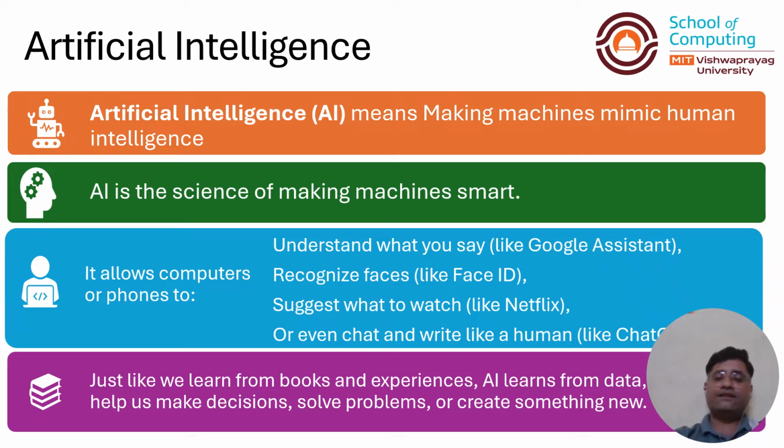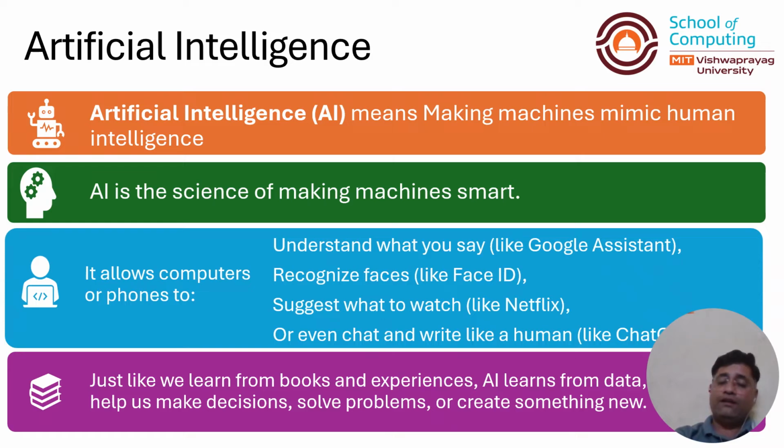Another would be suggesting what to watch. This is called the recommender system. If you are continuously watching a particular type of video on YouTube, YouTube automatically suggests what the next video might be that you are interested in. And last but not least, we can even chat and write like humans.